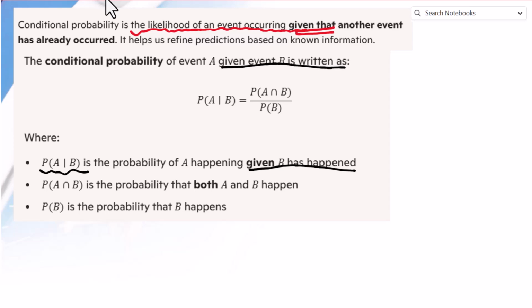That's the reason we count B as the total. Probability of A intersection B is the probability that both A and B happen. P of B is the probability that B happens.